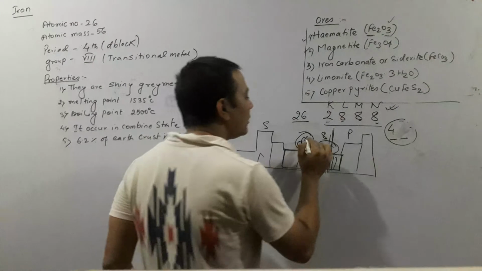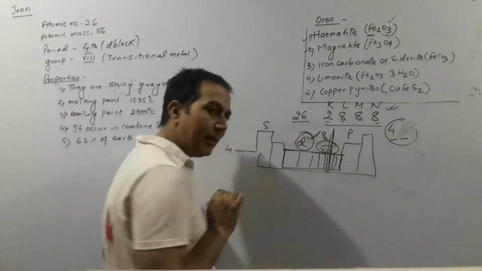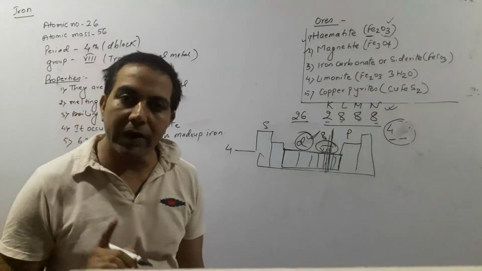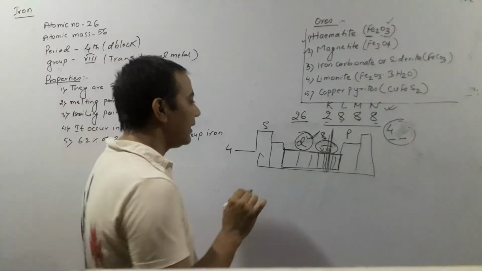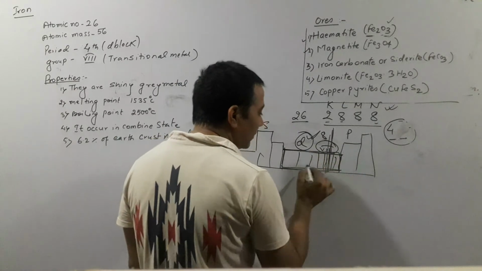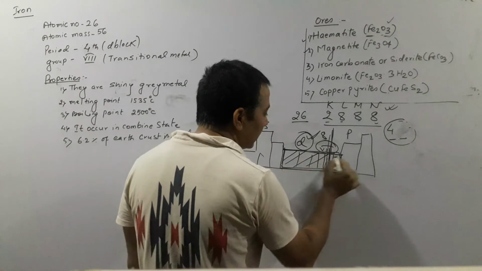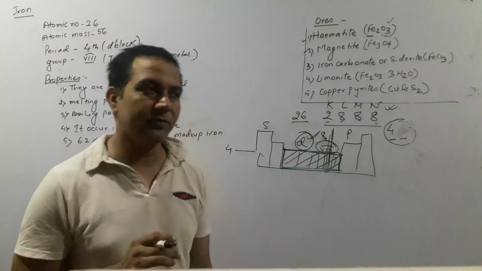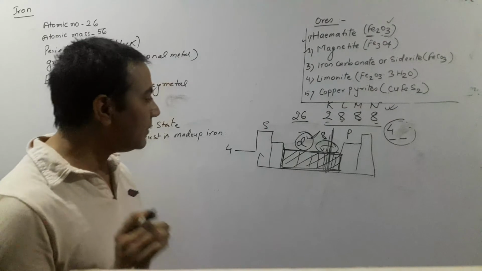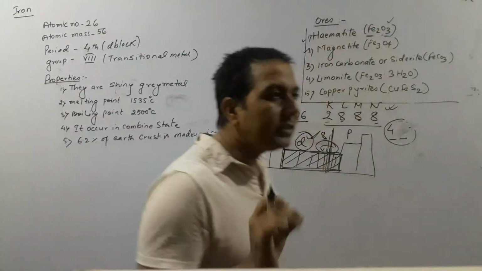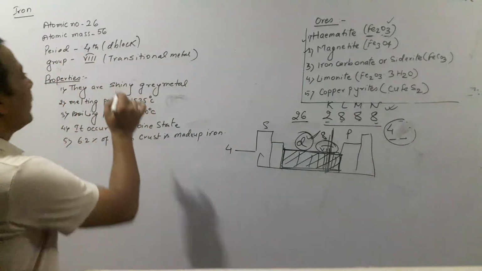That's why it is also called a D block element. And another word that is used for the iron is, these elements are called transitional elements. Therefore, this metal is called a transitional metal.